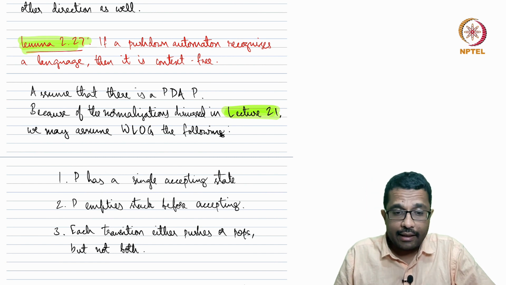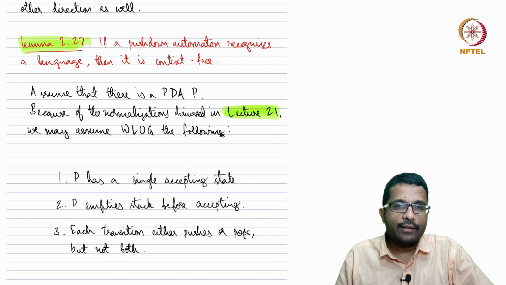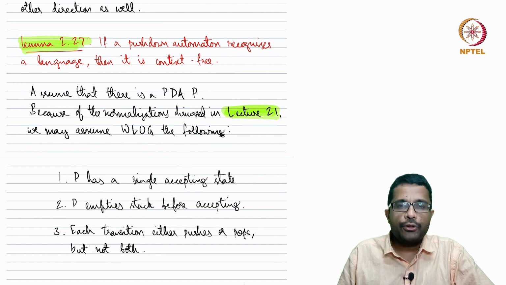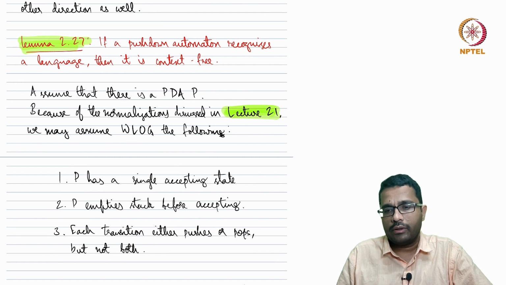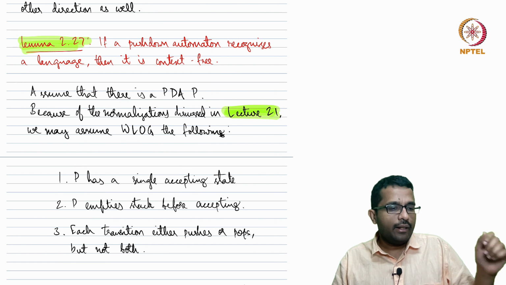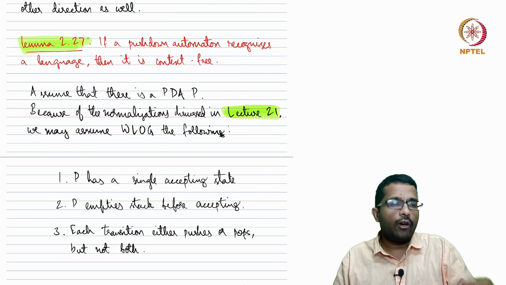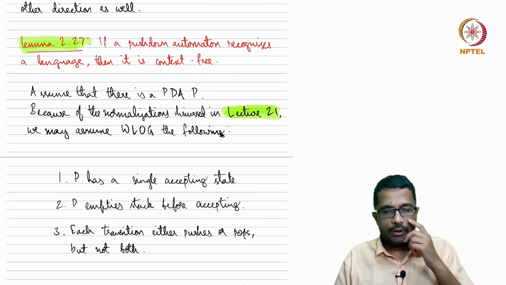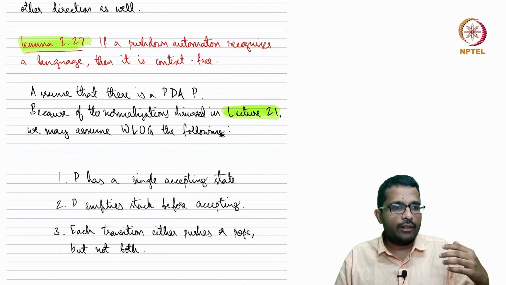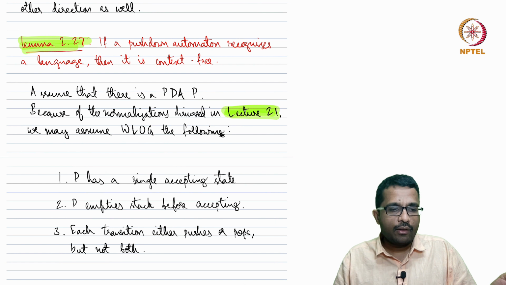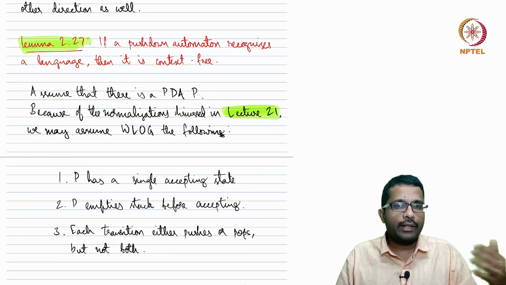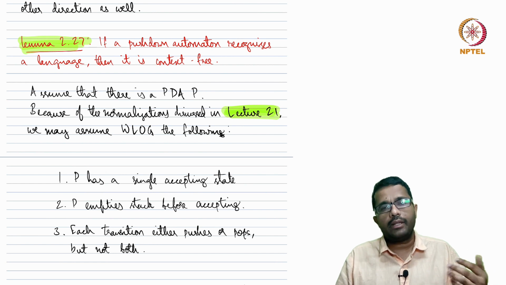And the third thing is that we can ensure that every transition involves a push or a pop, but not both. So there will not be a transition which does not touch the stack at all, and there will also not be a transition which does both push and pop. Every transition that you take will have a push or a pop, but not both.